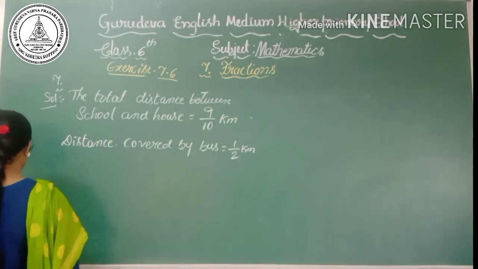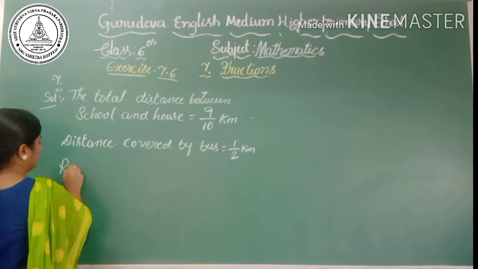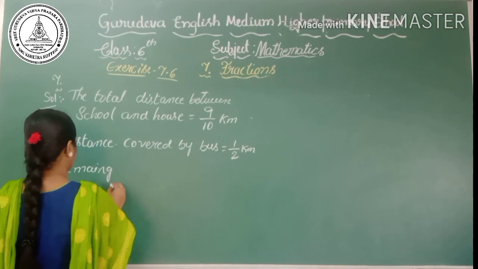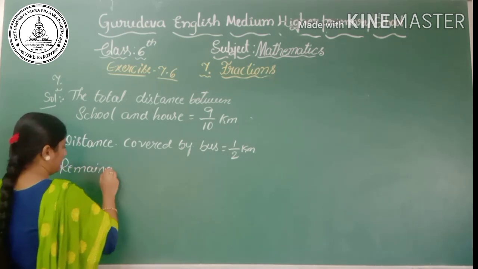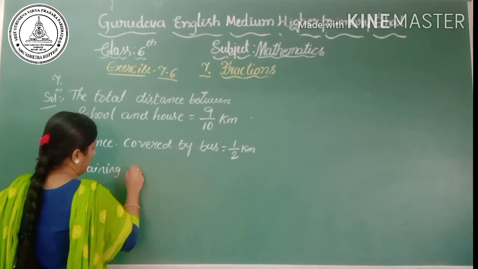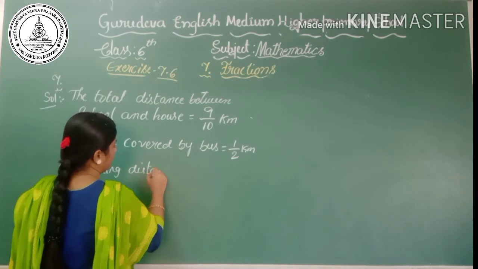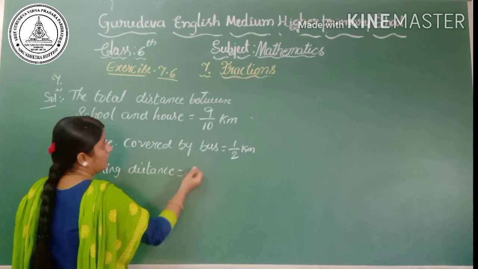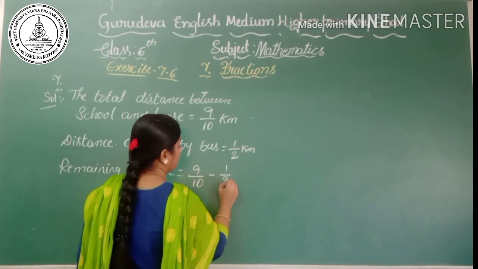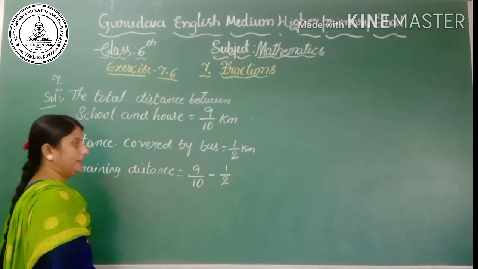Write down the sentence. Remaining distance is equals to 9 by 10 minus 1 by 2 kilometers.